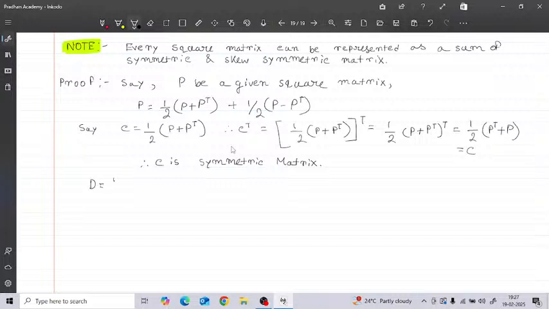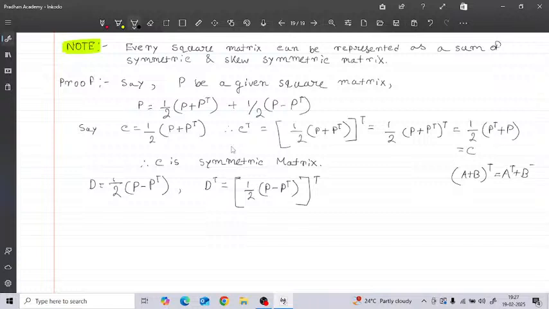Okay, D equals half of P minus P transpose. Let's take D transpose. What is the formula of sum in transpose? The formula is A plus B transpose equals A transpose plus B transpose. And what is the transpose of A transpose?